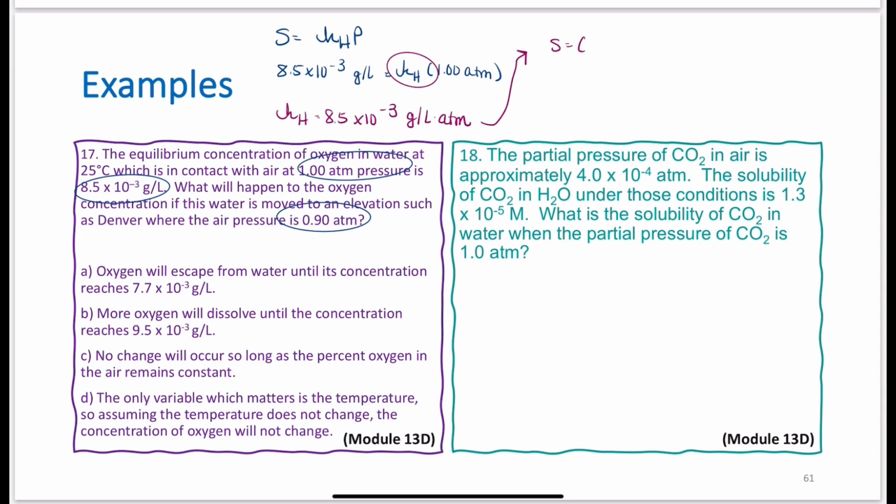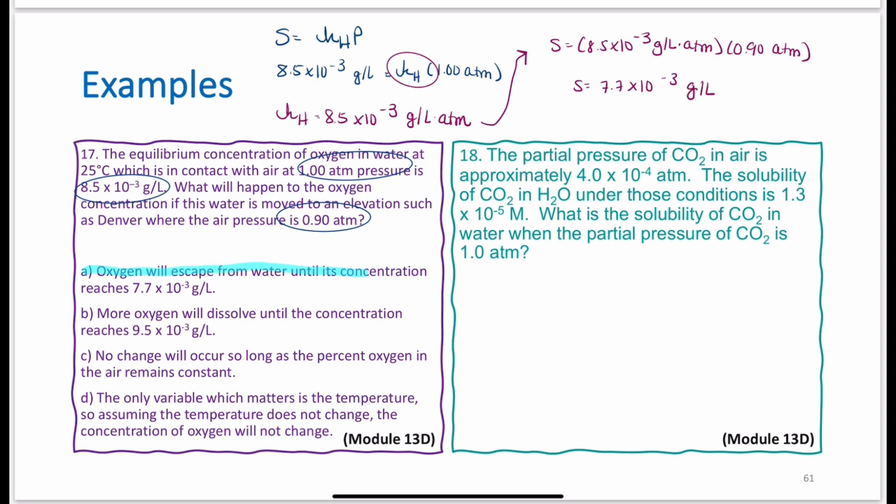So the solubility under the new set of conditions, 8.5 times 10 to the negative third grams per liter atmosphere, times 0.90 atmosphere. My solubility is 7.7 times 10 to the negative third grams per liter.